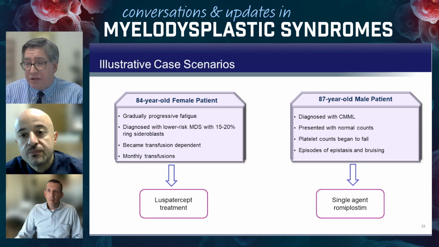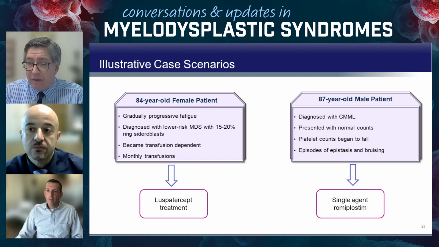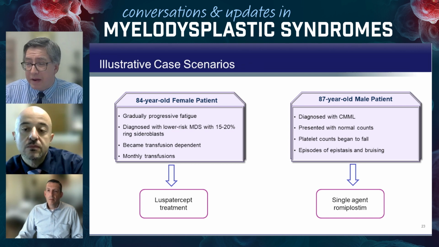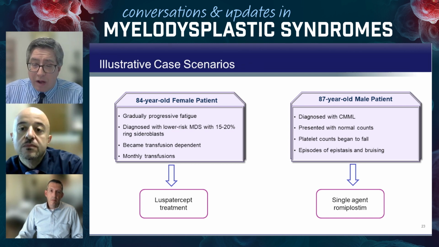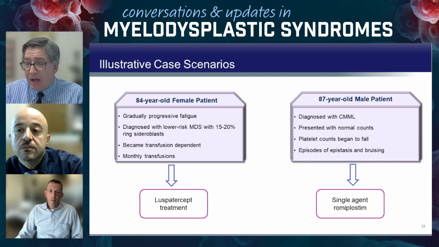But to end on a couple of cases that can be illustrative. Patients do require marrow examination. So a case of an 84-year-old woman that I saw with gradually progressive fatigue, becoming transfusion dependent, as Dr. Sekeres had mentioned, to the point of monthly transfusions.